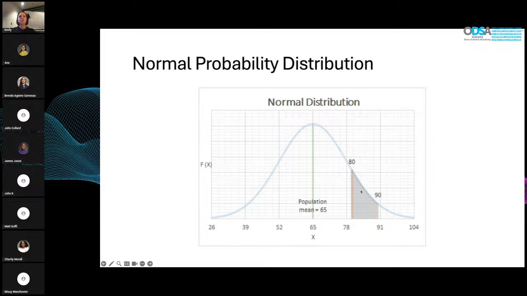The reason I bring these up is because with your data in the real world, you want to make sure that your predictions fit the distribution you might expect out of your data.